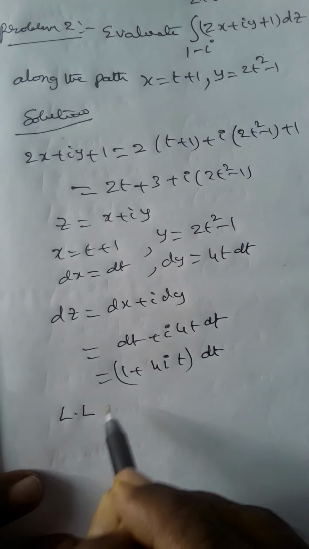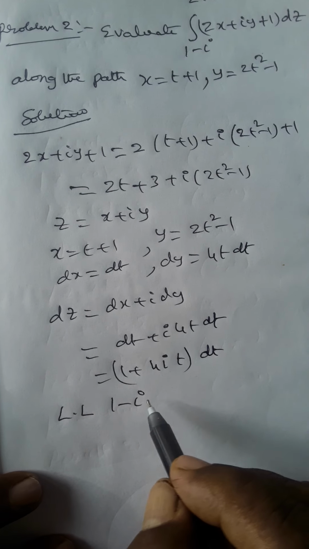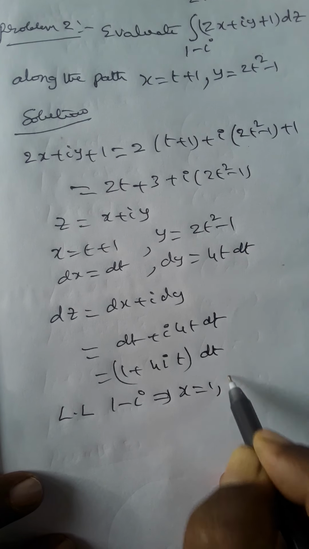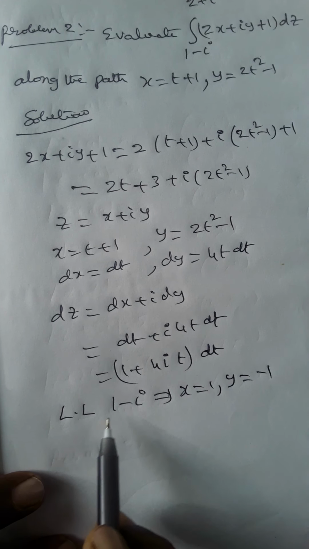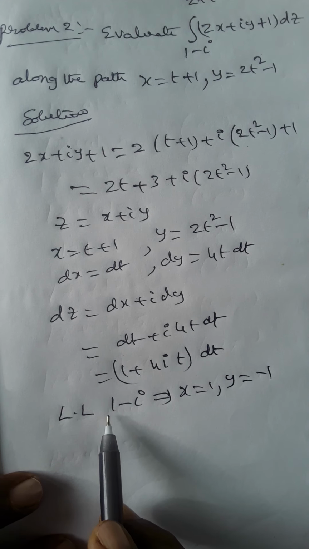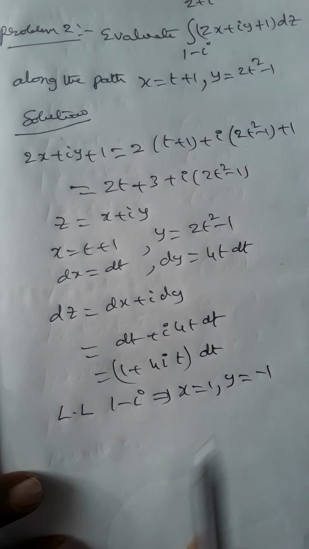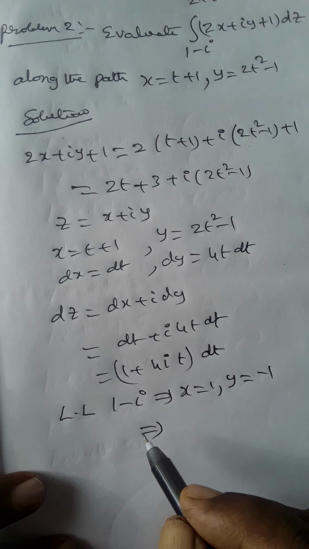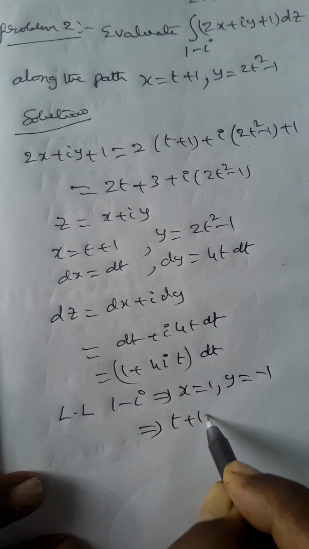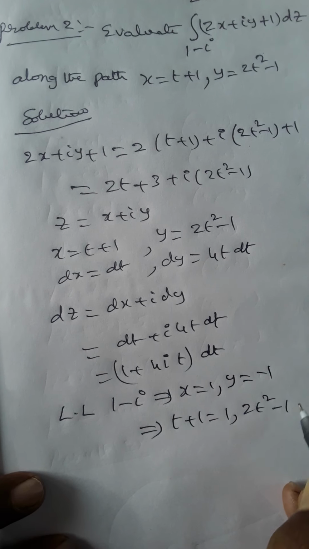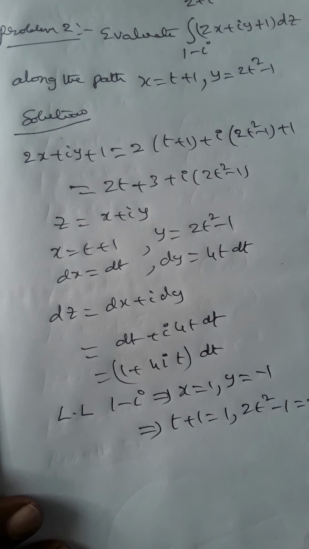Here the lower limit is 1 minus i. This means x is equal to 1, y is equal to minus 1, taking the coefficient of i as y. But x is equal to t plus 1, so t plus 1 is equal to 1. y is 2t² minus 1 is equal to minus 1.